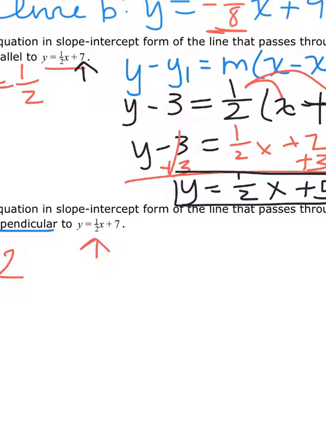Perfect. So now I can use that point-slope formula. y minus y1 equals m times x minus x1. I'm going to plug in my x, my y, and my m.